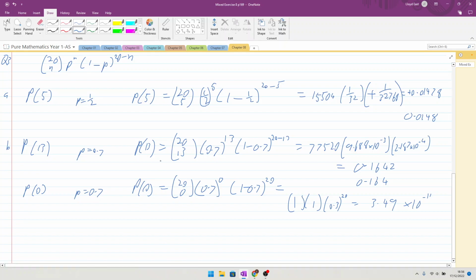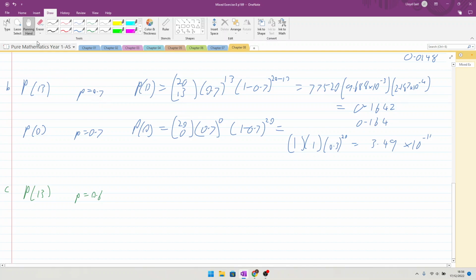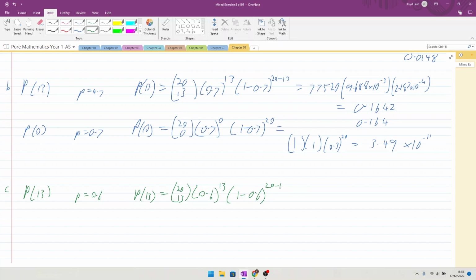Okay, and then finally coming down here for C, now we get the probability of 13 people winning, but this time the probability that one person wins is 0.6. Be interesting to see how much it changes by just that, since we did it for 0.7. So probability of 13 equals 20C13, 0.6 to the power of 13, and 1 minus 0.6 to the power of 20 minus 13.